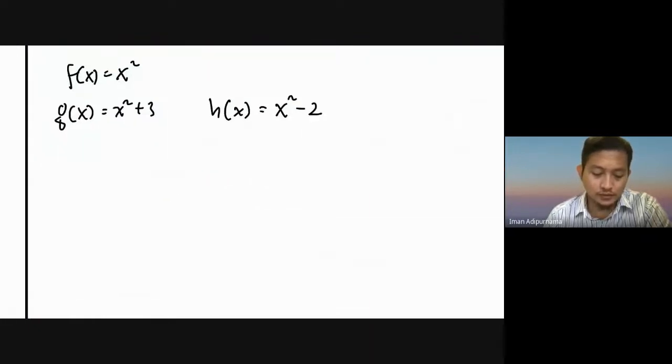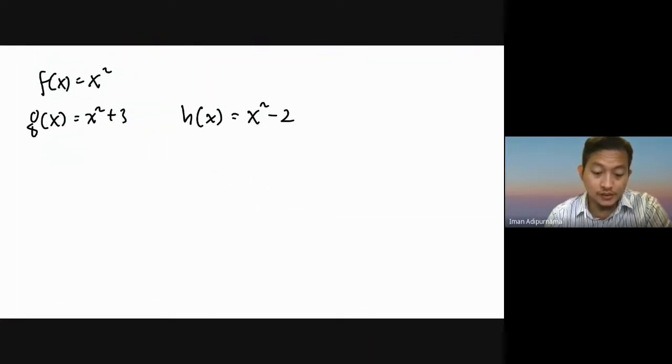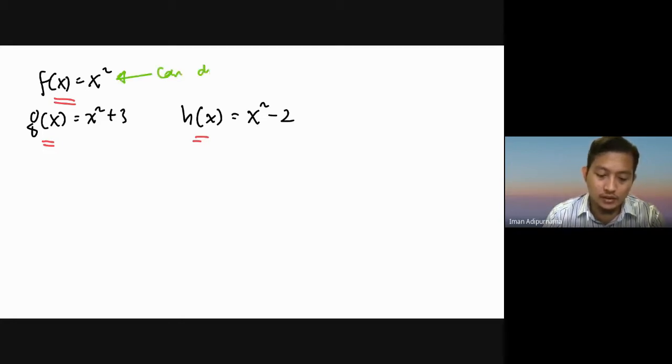Okay, for example, from the function f of x, x squared, I want to make function g and function h. So what transformations do you have in mind? If I have these three functions, you can draw this one easily, right?